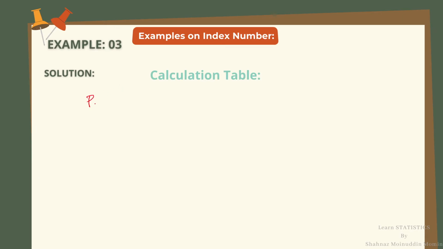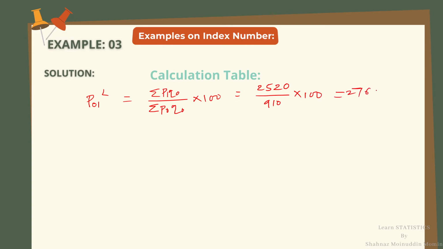So P01 L is equal to summation P1 Q0 divided by summation P0 Q0 into 100, which is equal to 2520 divided by 910 into 100, which is equal to 276.9231.